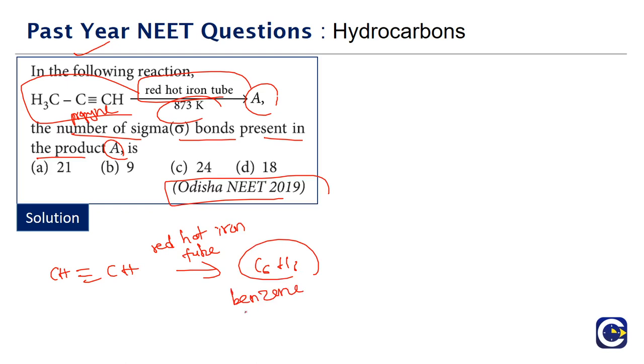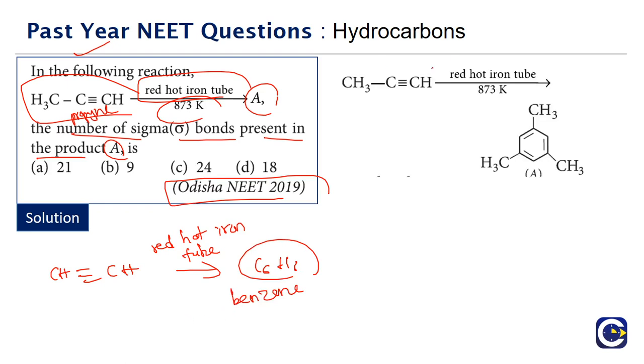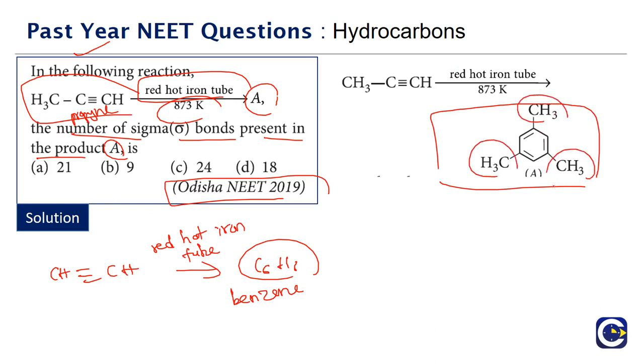So what is this reaction an example of? Aromatization. If you look at propyne, what we are going to get on aromatization is this compound. We will have benzene with 3 methyl groups substituted symmetrically. The aromatic ring will have 6 carbons.